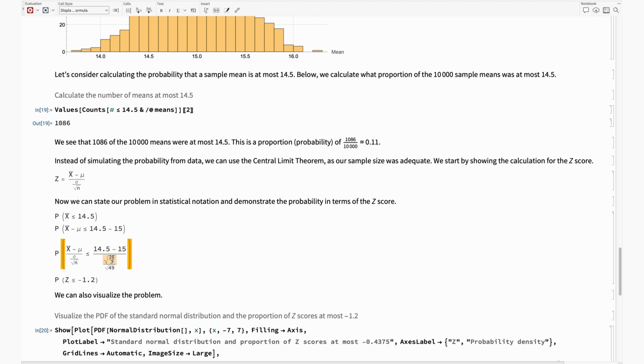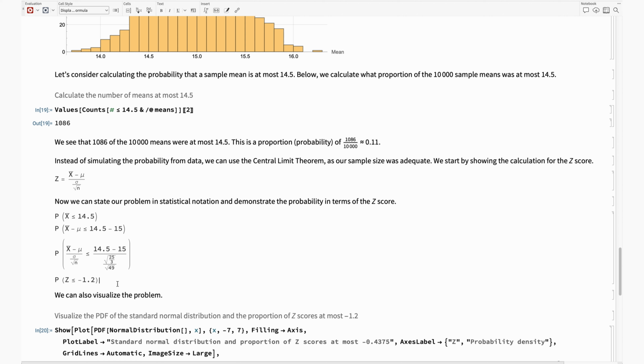I just wanted to go through that exercise so you can see where this comes from. And that was the variance though, so you do have to take the square root of that. So I'm saying 25 over 3, but I'm taking the square root of that because that has to be the standard deviation, not the variance. And then divided by the square root of the sample size, which is 49. And hopefully you get a z-score of at most negative 1.2.